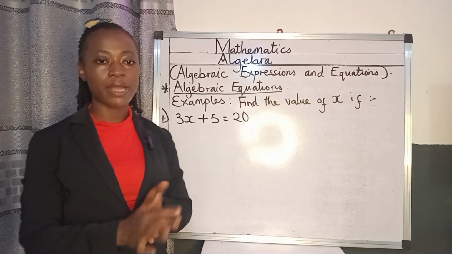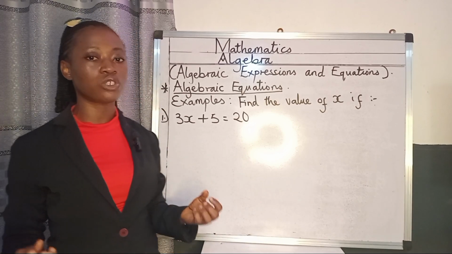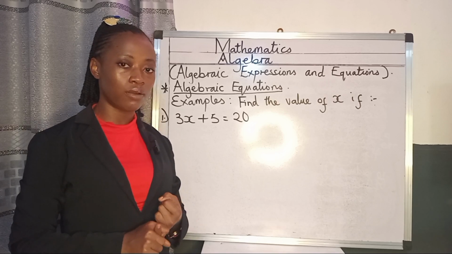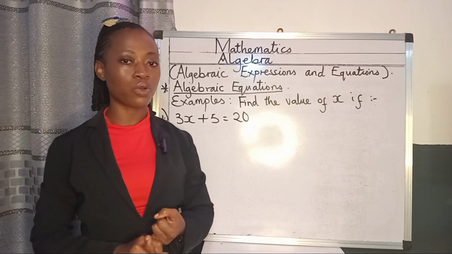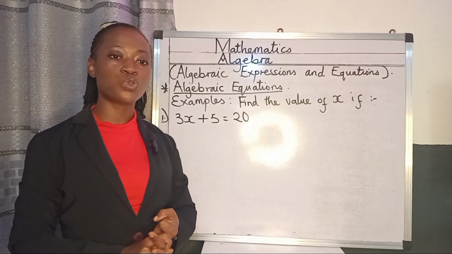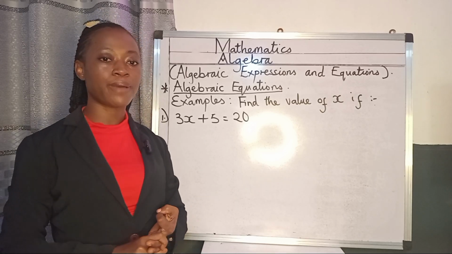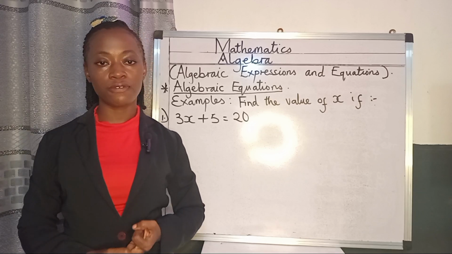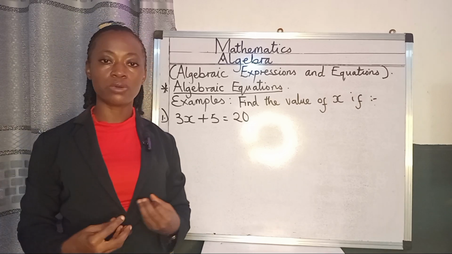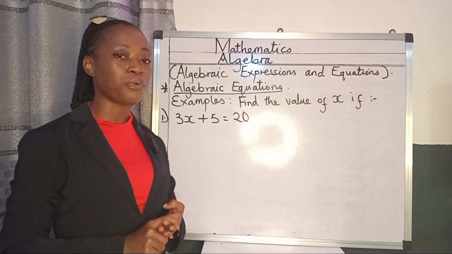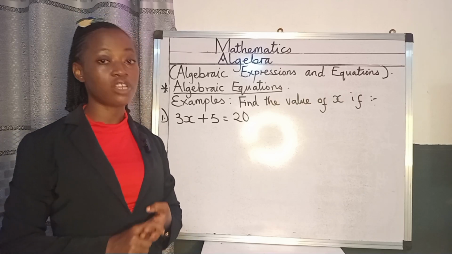Back to what I was saying. In solving equations, number one, you should know how to collect like terms, and number two, you should know how to cross multiply, like when you are given a fraction. You should also know how to divide both sides by coefficients. As time goes on, I would chip in the meaning of coefficients. You should know how to open up brackets in an equation.